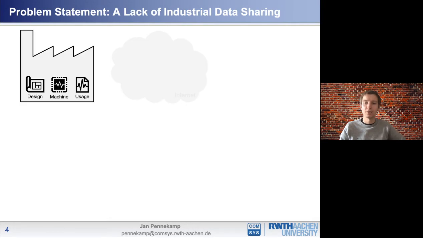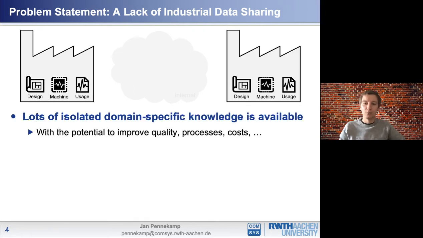Now, for the sake of this talk, we're considering the following problem statement. While we have all this information available locally, we have a lack of data sharing between different companies. So a lot of domain-specific knowledge is only retained locally, and thereby potential to improve processes is wasted.